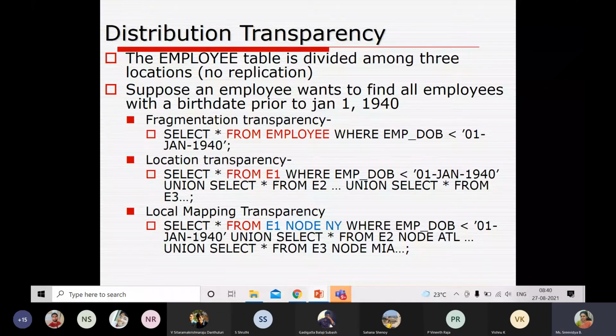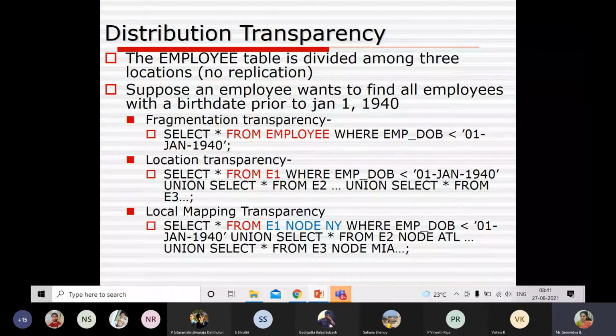If you access E1, you get only part of the information; E2 gives another set, and then E3, and you combine them. I don't know whether E1, E2, E3 are in the same site or different sites, but I know it is not a single table, it is 3 different tables.